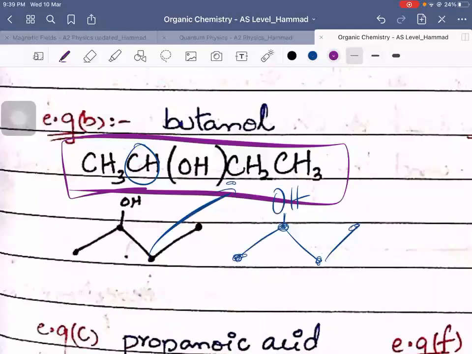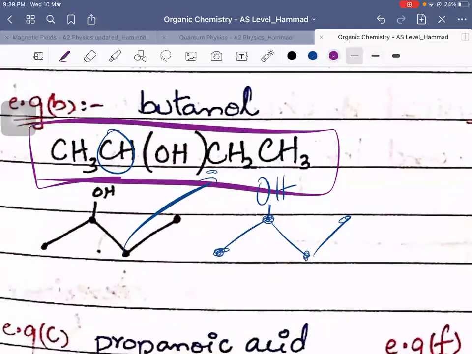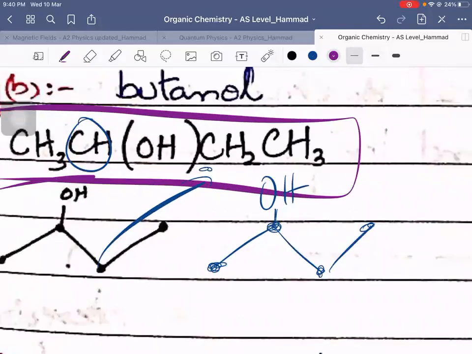Now, while drawing a skeletal formula, it is assumed that the bond which is not shown is a hydrogen. For example, this was a carbon. It had one bond. Carbon is in group 4, can make 4 bonds. So there are 3 hydrogens attached. It is naturally assumed. Similarly, there are 3 hydrogens attached here as well.